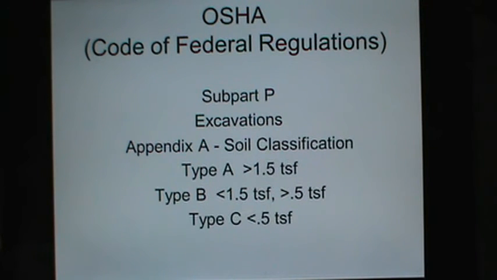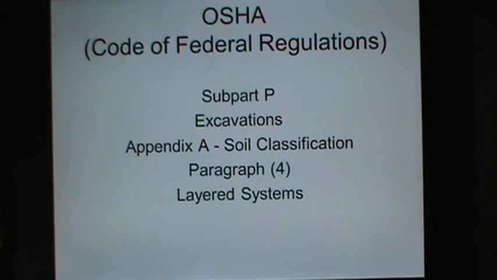Type B is less than 1.5 tons but greater than 0.5 ton, and type C is less than 0.5 ton per square foot. So that gives you an idea of what A, B, and C are, and we're going to deal with those here in just a minute.